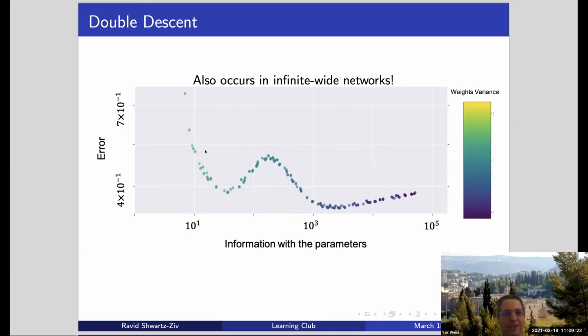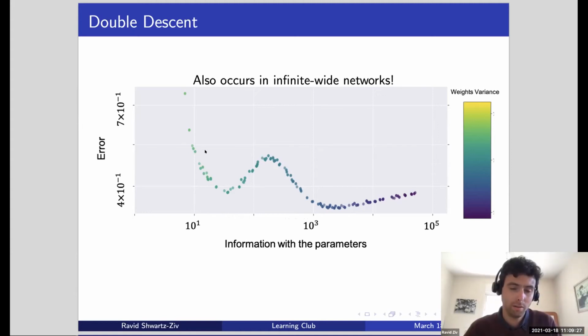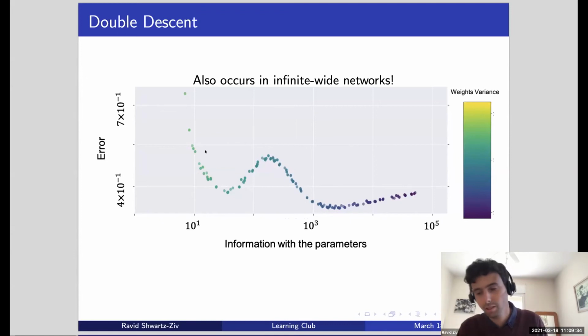When it says 4 times 10 to the minus 1 error, how is that number calculated? So it's the performance. You have a prediction from the neural tangent kernels, from the neural tangent networks, right? You have a prediction, okay?